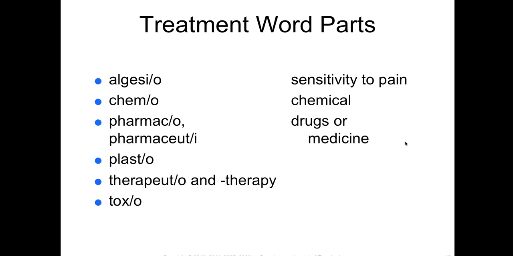Plasto, we had plasty before, which meant a surgical repair, but this is now a combining form. So this is going to just mean repair. And then we have therapeuto as a combining form and the suffix therapy, and both of these mean treatment. And lastly, we have toxo, which means poison or toxic.